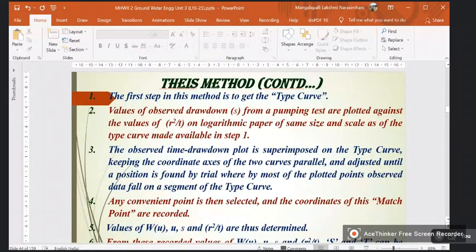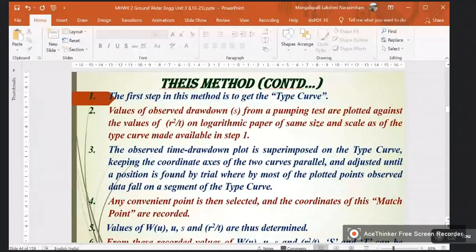So the first step in this method is to get a type curve. The values of observed drawdown s from a pumping test are plotted against the values of r square by t on a logarithmic paper, which is of the same size and scale as the type curve made available in step 1.